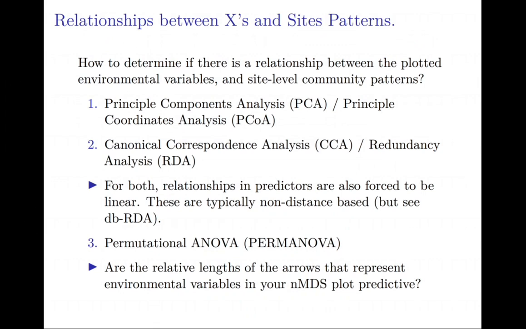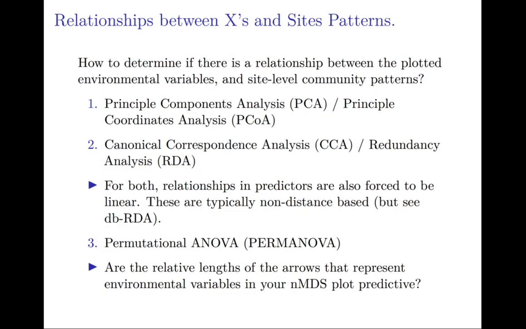Okay, so let's talk about the relationship between your X variables now and the site patterns in community level data. How do you determine if there's a relationship between the plotted environmental variables and the site level community patterns?